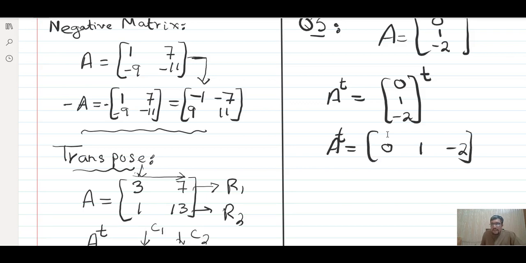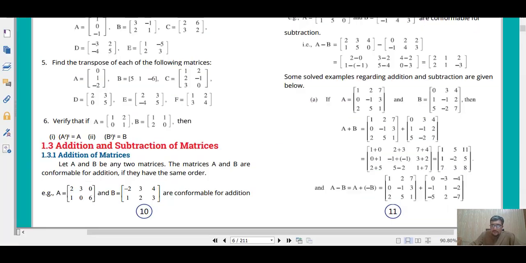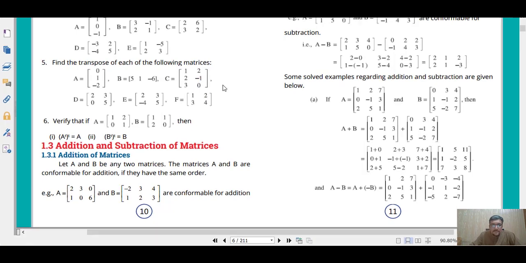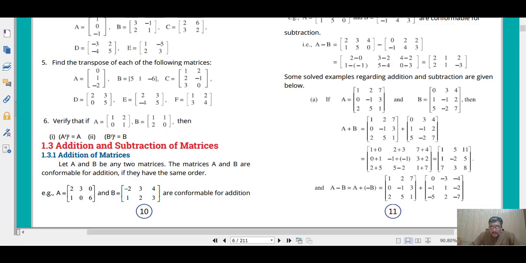In the same way, we are going to solve part C. The entries of the C matrix are 1, 2, 3, and 2, minus 1, 0.